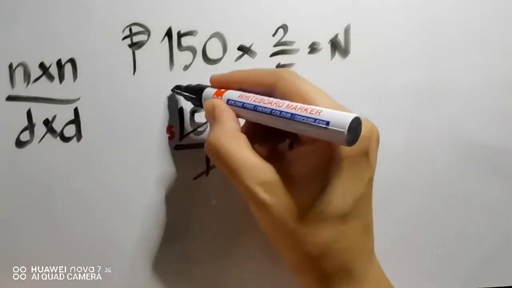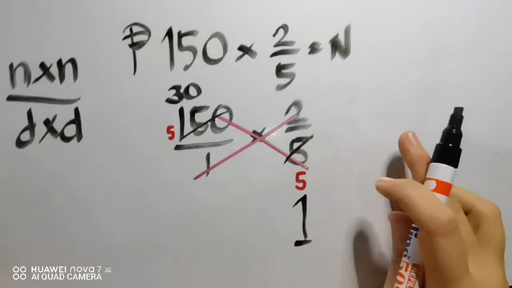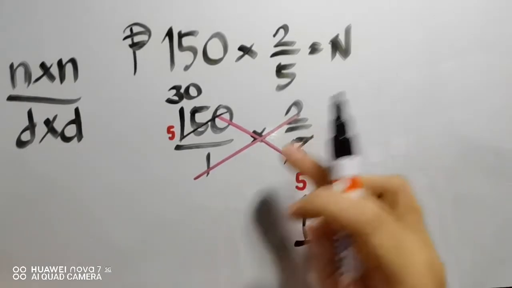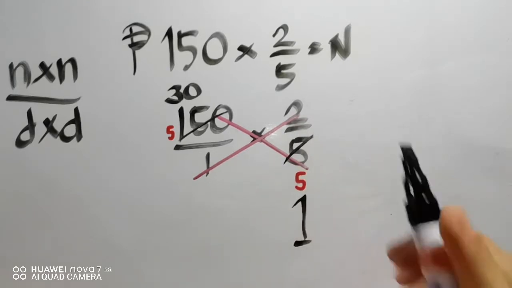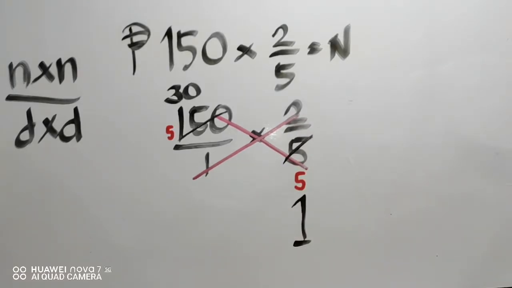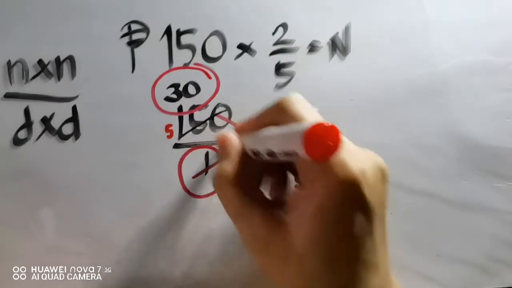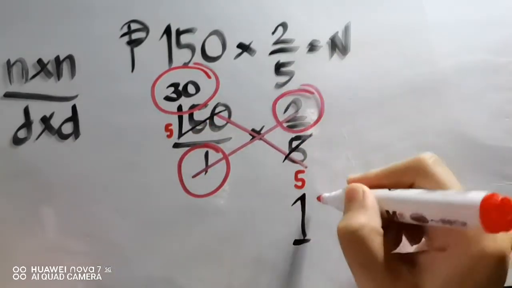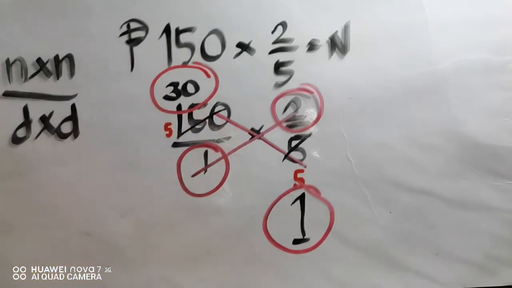Yan ngayon ay 30. Okay? So, punta kami sa kabila. 1 and then 2. Since pareho naman silang naka-lowest term na maliliit na number na, wala naman tayong ibang makukuha dyan na number pa. So, ano yung natira nating number? So, ang natira sa atin ay 30 over 1 times 2 over 1. Okay? For a while.